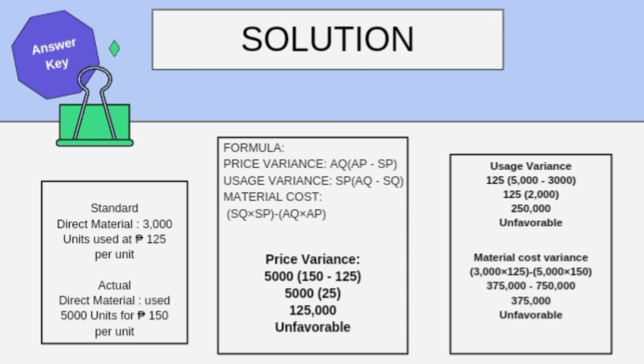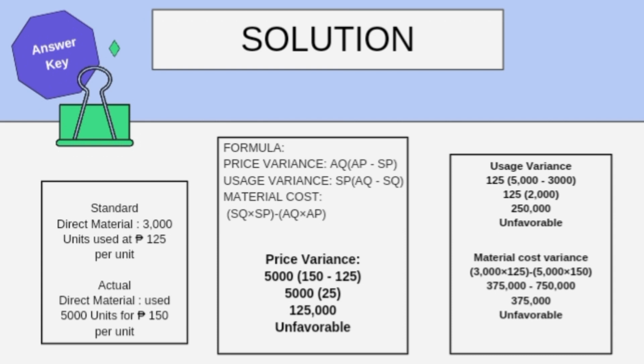For the next one, it would be usage variance. Usage variance formula is standard price multiplied to the actual quantity minus standard quantity. Standard price is equal to 125. The actual quantity is equal to 5,000 and the standard quantity is equal to 3,000.